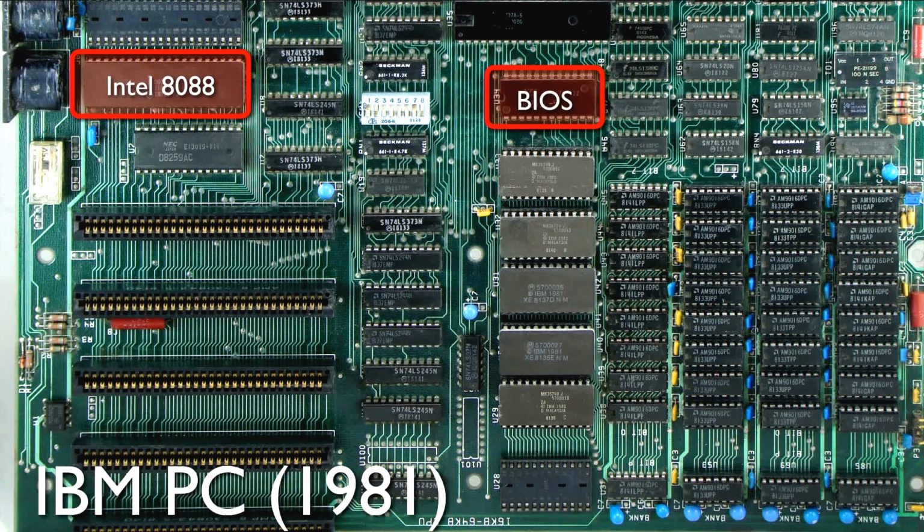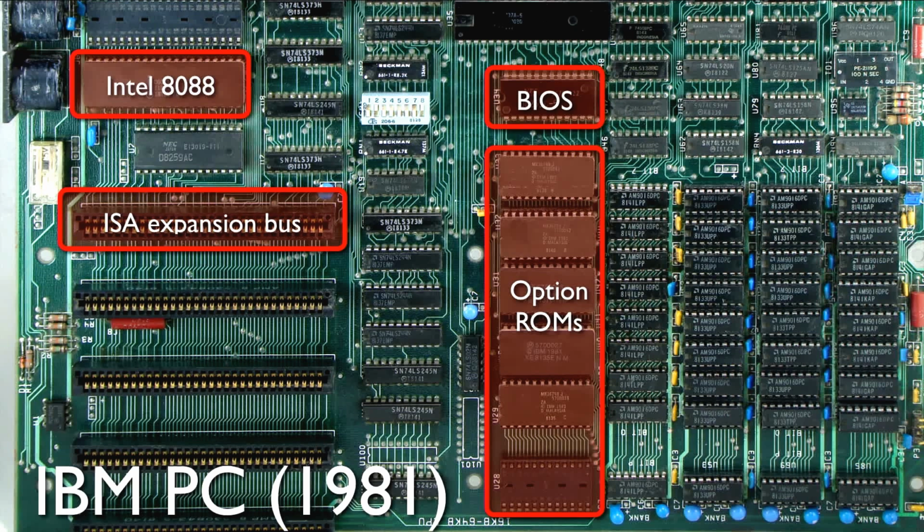The BIOS was typically a mask or a UV ROM, and there were these 6 sockets where you could put in optional ROMs that would have things like BASIC and device drivers for other things. And the ISA expansion bus cards could also carry their own ROMs that would then become available for the BIOS. So we're talking about a legacy feature going back 35 years here.